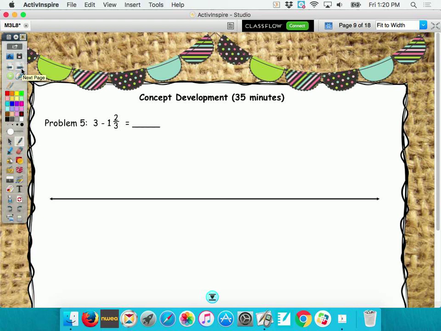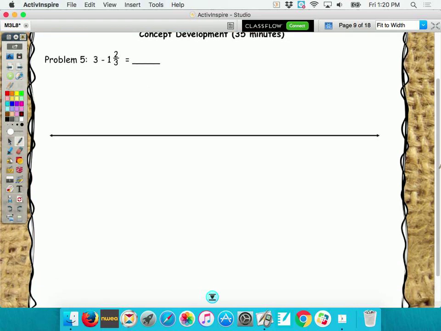All right, this says 3 minus 1 2/3. I want to rewrite this problem. Why do I want to rewrite it? Because there's 2 whole numbers. And I want to separate things out, and there's a chance I might have to rearrange it. And I just want to make sure that I've done everything I can to make myself successful.